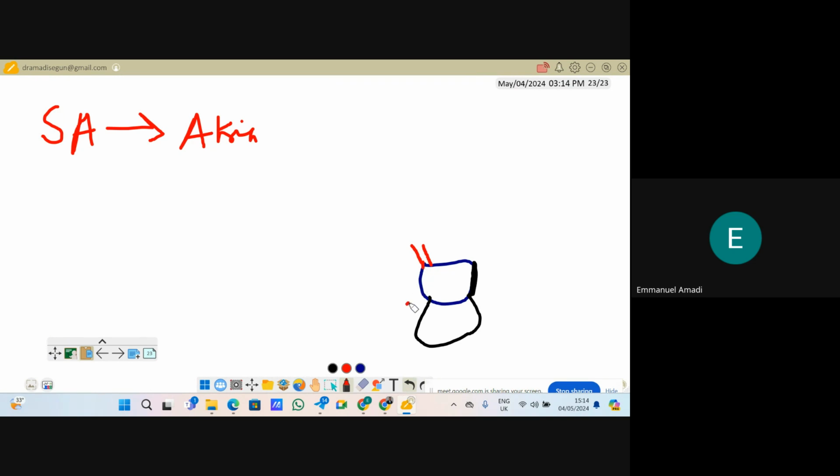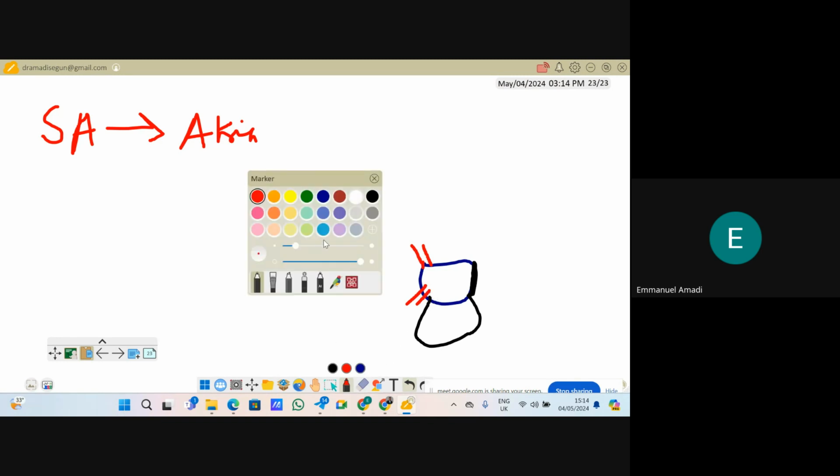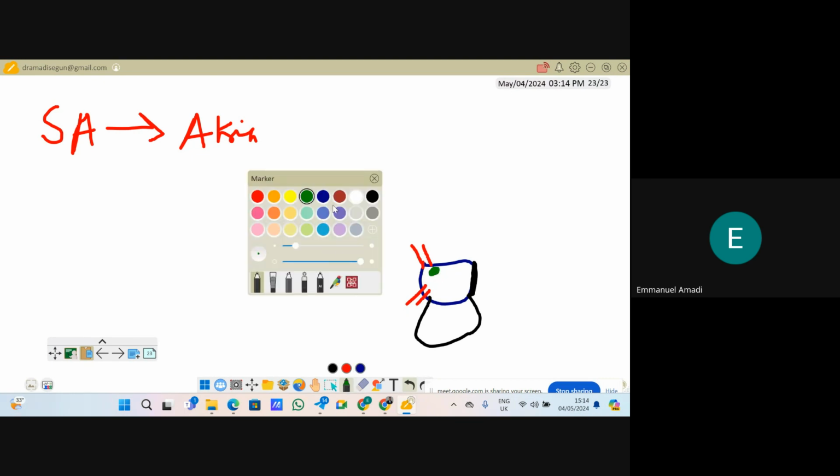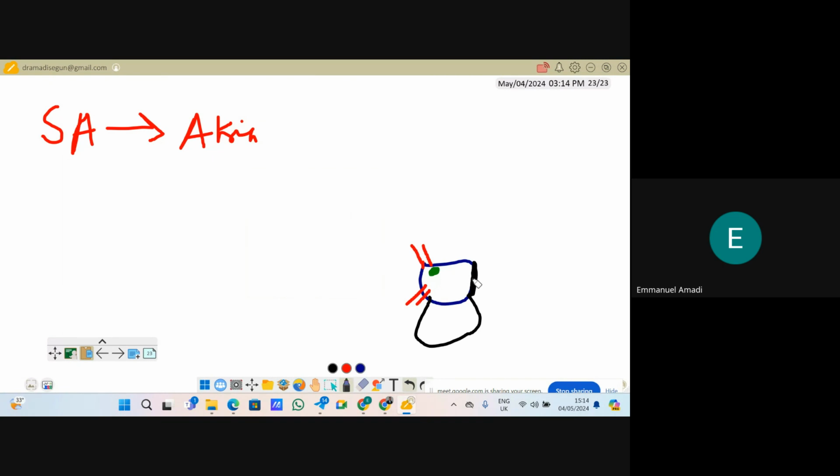This is your inferior vena cava. This place here in green is where your SA node is located, just beneath that opening of the superior vena cava. Now, this is where your AV node is located, at this interatrial septum here, this point here.